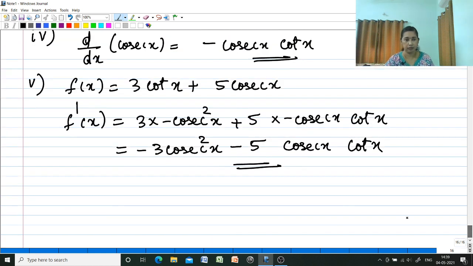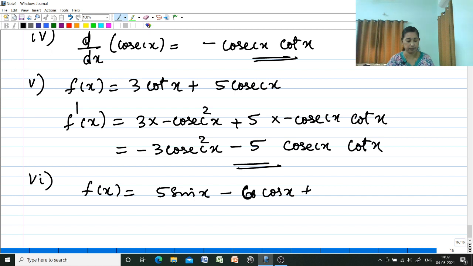Then sixth question, f of x equal to 5 sin x minus 6 cos x plus 7. So f dash x equal to 5 cos x plus 6 sin x, derivative of 7 is 0.